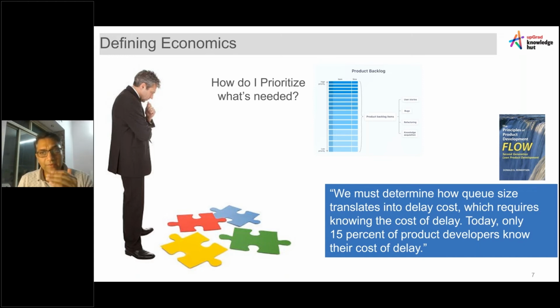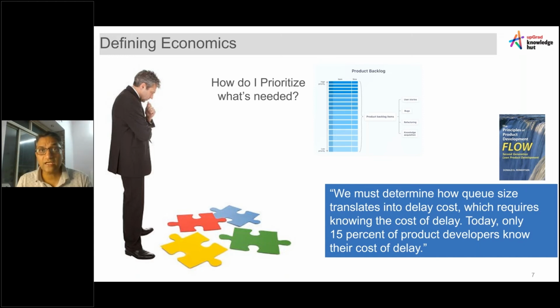And coming from the principles of product development, we fail to understand queue size, which means that we need to understand the cost of delay. There are items which will cost you more if you delay them further. Imagine you say, okay, I have an idea today and it's going to save me a cost of $1 million in the next 1 year or so. It's a brilliant idea. You want to work on that idea.